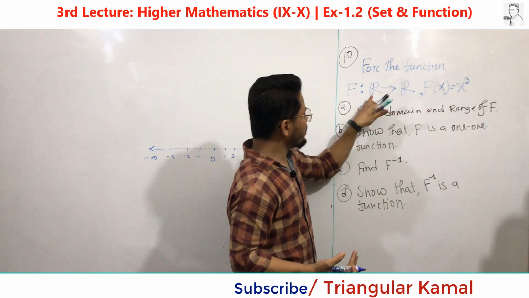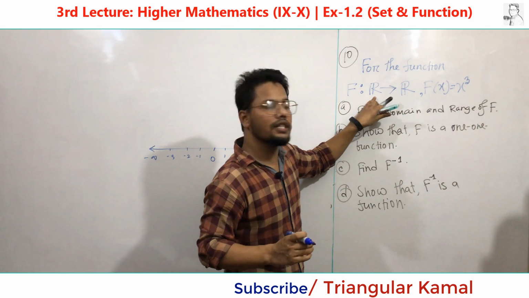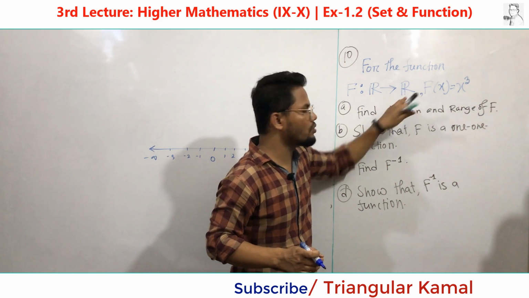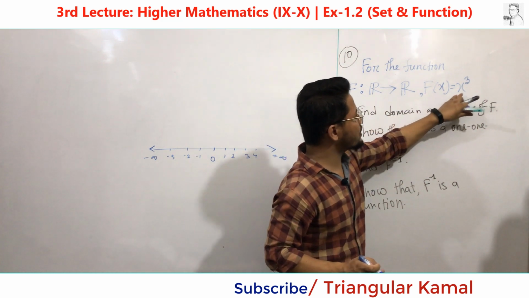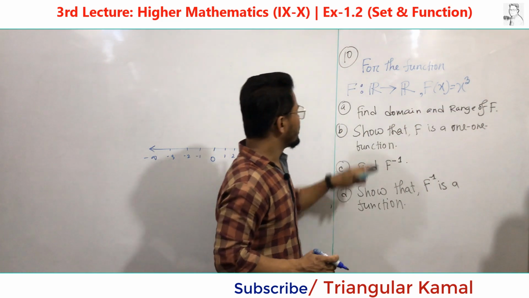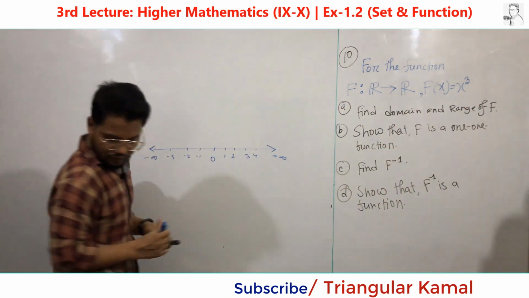So definitely the domain is defined here as all real numbers, and codomain is also real numbers, and the function which is given is f of x equal x cube. Now first information, domain and range of f.